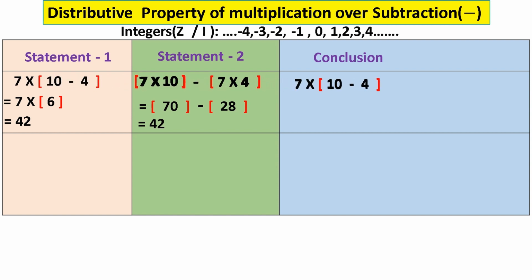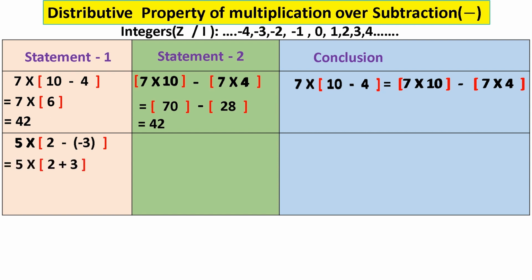Now 7 of 10 minus 4 is equal to 7 into 10 minus 7 into 4. Now second example, 5 of 2 minus minus 3. First we do the bracket: 2 minus of minus 3 is 2 plus 3, which is 5. We will get 5 into 5, which is 25.